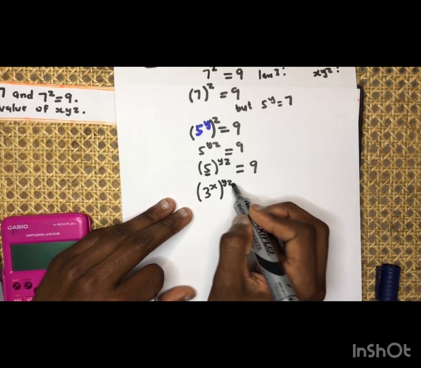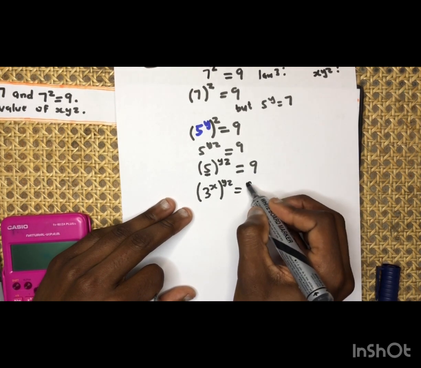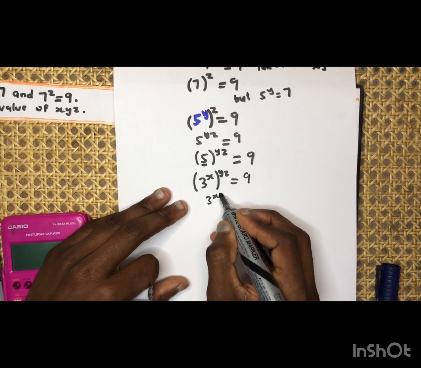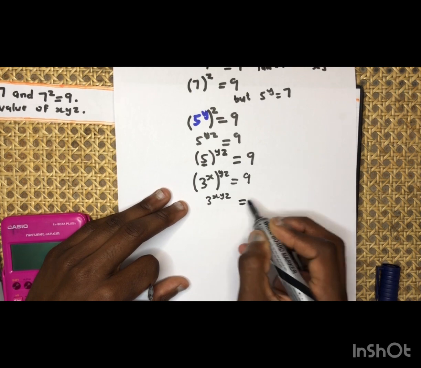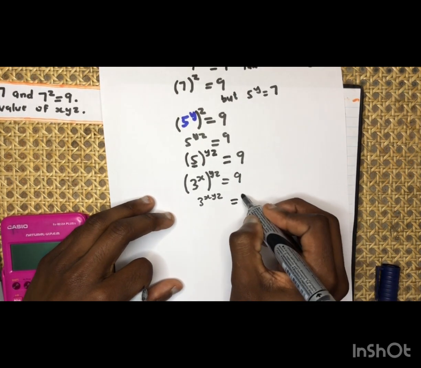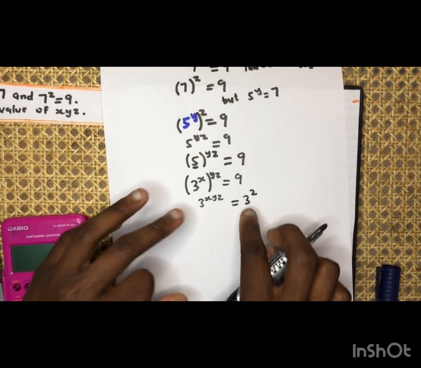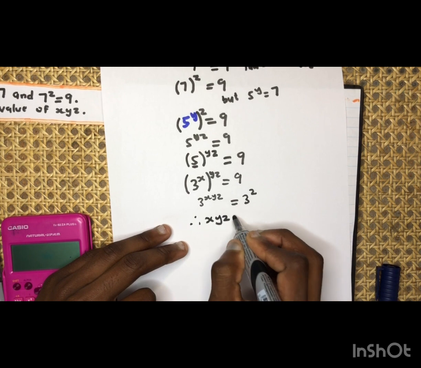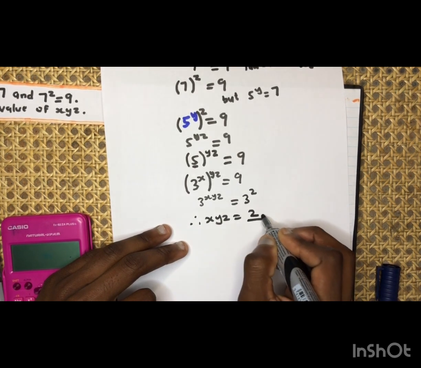Then yz here. Remember, we have 9. So x times yz, we get 3 to the power xyz equals. Now we can write 9 in prime base, which is 3 to the power 2. Now the bases are the same. Now we can conclude that xyz is equal to 2.